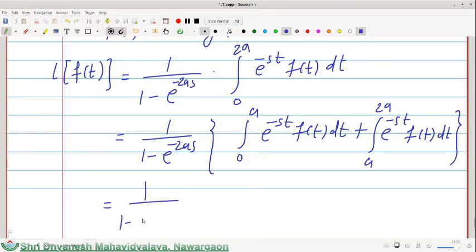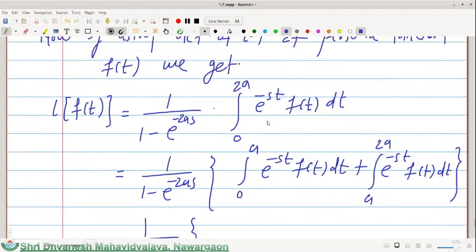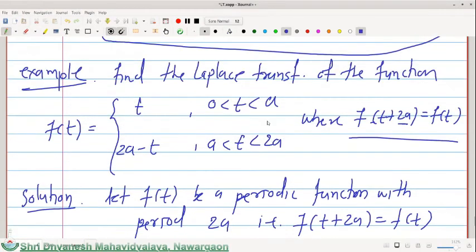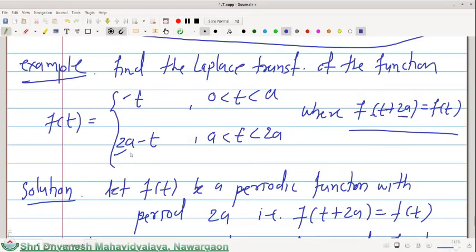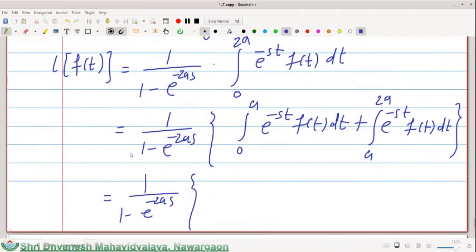Next, 1 upon 1 minus e to the power minus 2as. So here in the first integral the range is 0 to a, and in the definition, when t lies between 0 and a, f of t equals t, and when it lies between a and 2a, it equals 2a minus t. We use this definition of f of t in this bracket.